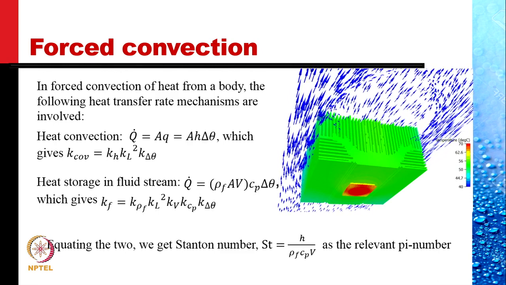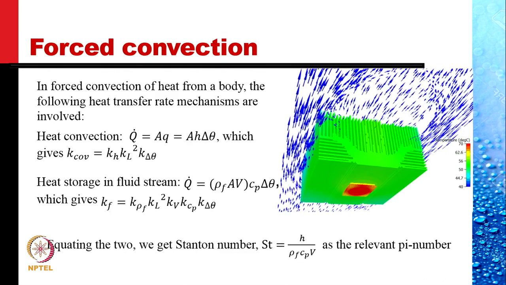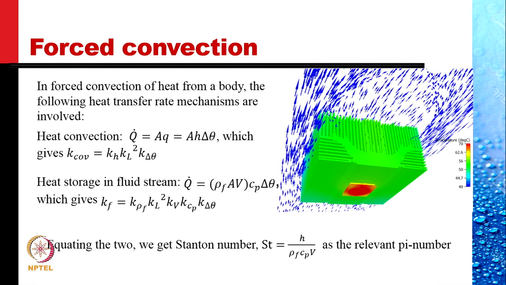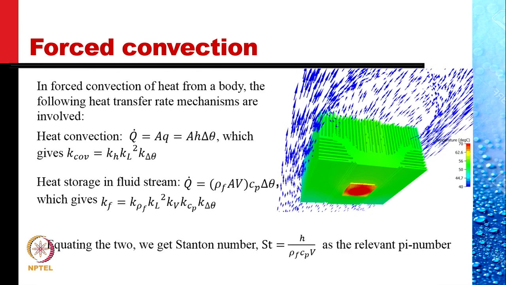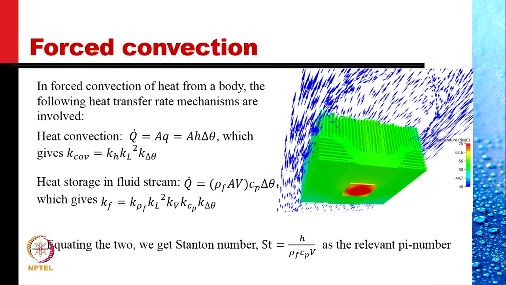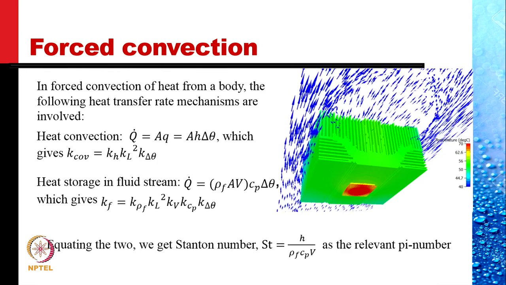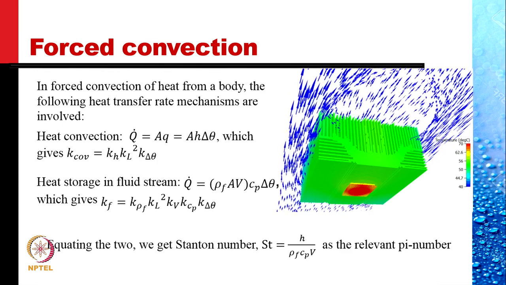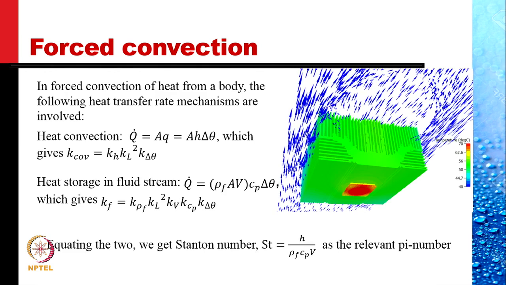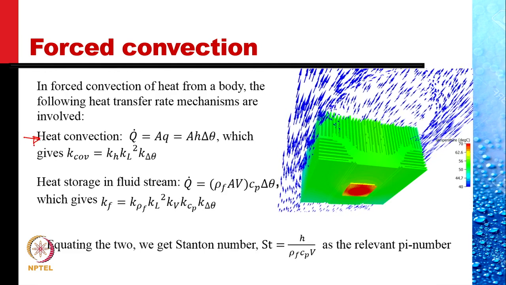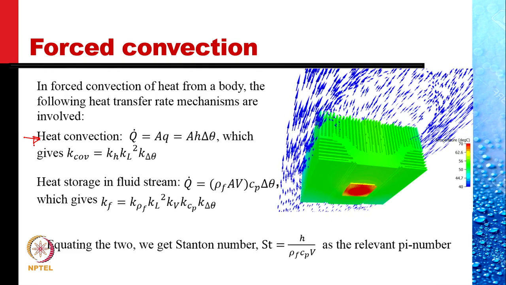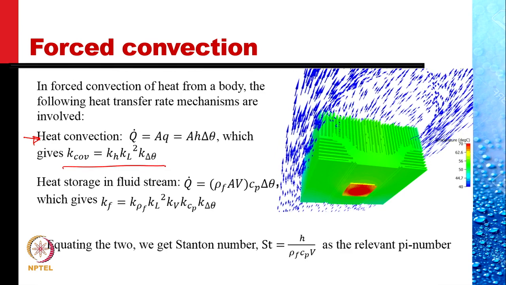Let's consider forced convection in which a stream of a fluid is passing past a hot object and is picking up heat from there. The stream is heated up and moves away, and this motion is forced. The following heat transfer mechanisms are involved: the heat conduction. The law is Newton's law of cooling, which gives you this scale factor for the convective rate.